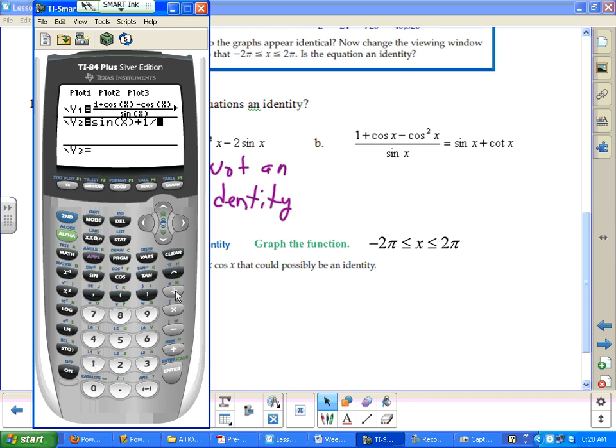How do I put cotangent in? Like more tangent. All right, so we check this one. And here's the graph of the left side. And this is going to have asymptotes wherever sine is 0, right? And here comes the right side.